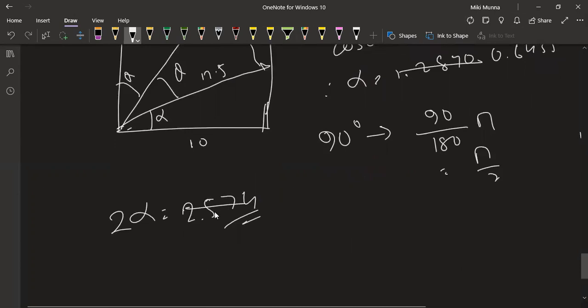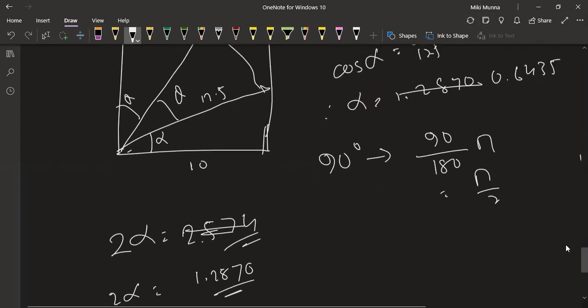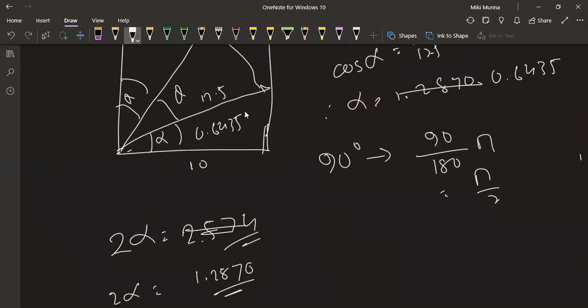So twice alpha means 1.287. This is actually 1.287, not that one. So twice alpha is 1.2870. That means we have both these angles, which are 0.6435 and 0.6435, and we need to find the theta in this case.